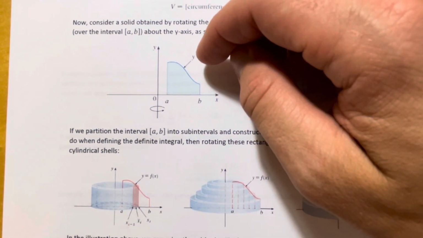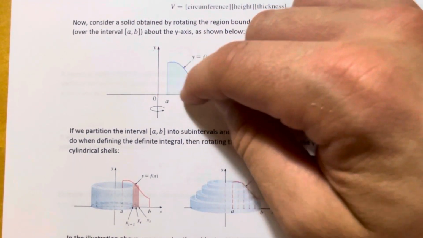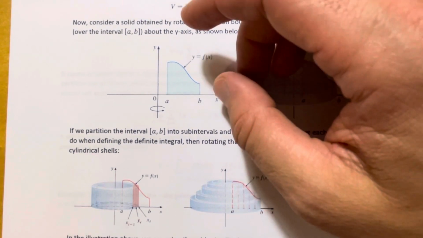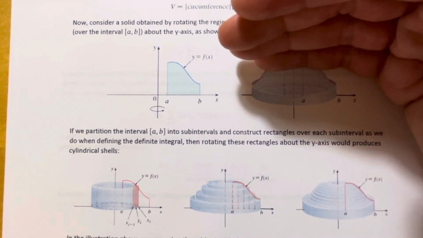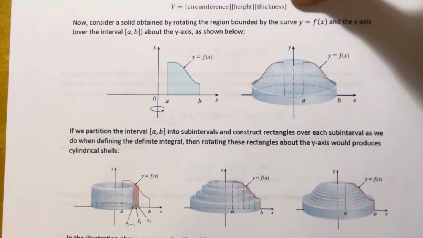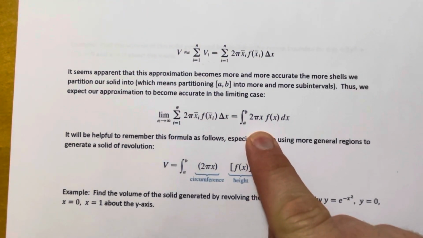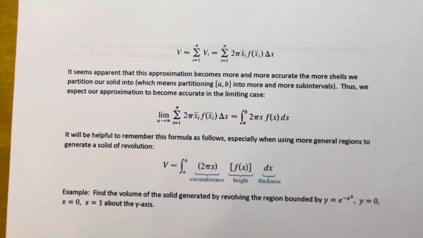What if the region is not bounded below by the x-axis, but bounded above by a curve and below by another curve? Or what if we are rotating it about the x-axis or some line like x equals 3? In those cases, this formula wouldn't really work if we used it directly.